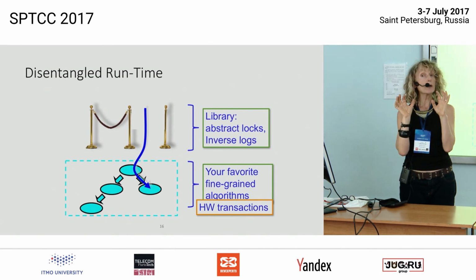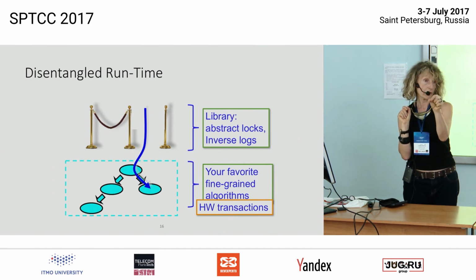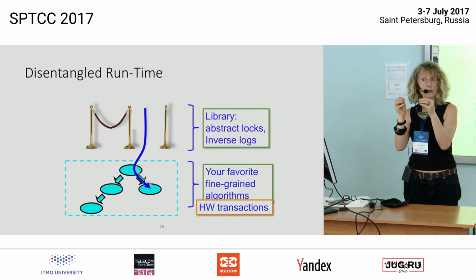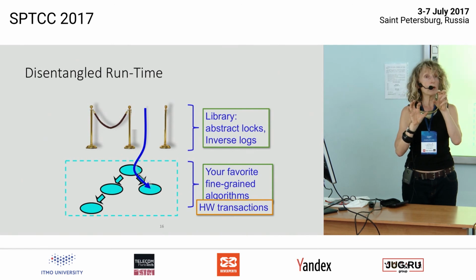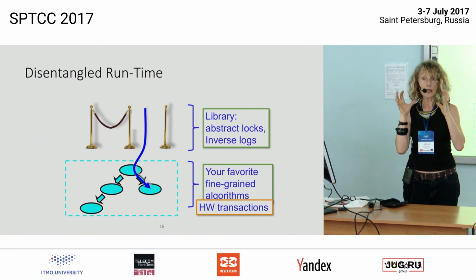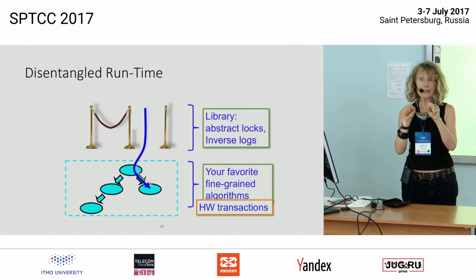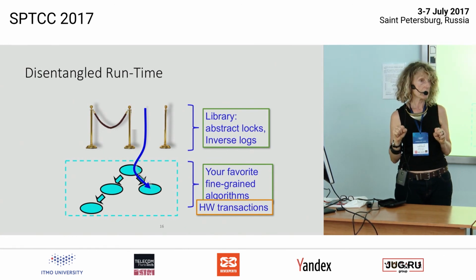If the operations, however, conflict, meaning insert of X and remove of X, they do not commute. Our library is going to use locks and prevent one of them from going forward. So it's going to really serialize them. It's going to block one and allow the other.